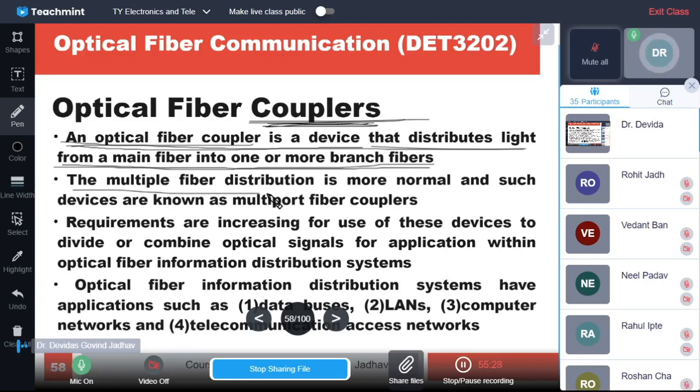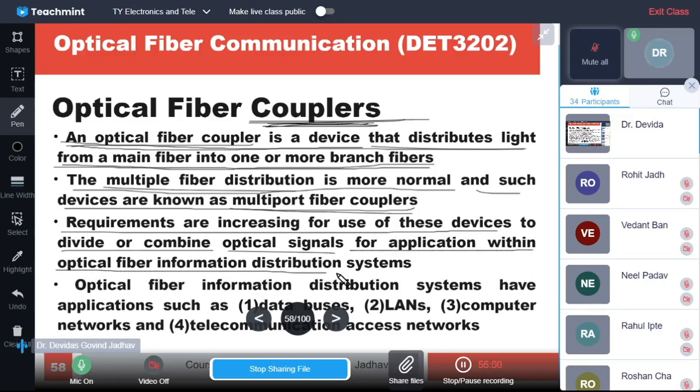Multiple fiber distribution is more normal, and such devices are known as multi-port fiber couplers. The requirements are increasing for the use of these devices to divide or combine optical signals for applications within optical fiber information distribution systems.